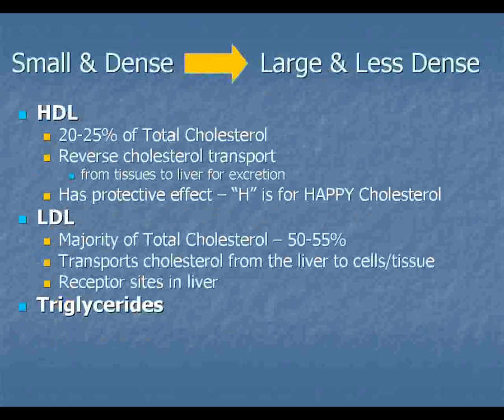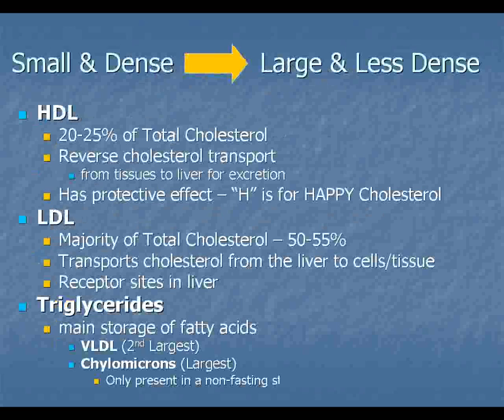LDL cholesterol makes up the majority of your total cholesterol, about 50% or more, and its job is the opposite of HDL, to take that cholesterol from the liver and into the tissues. There are receptor sites located in the liver for those LDL, which becomes important when it comes time for treatment of LDL abnormalities.